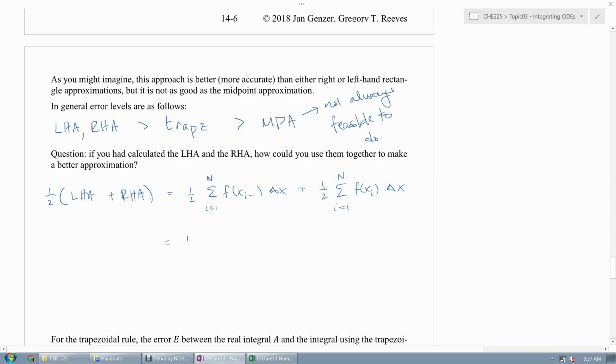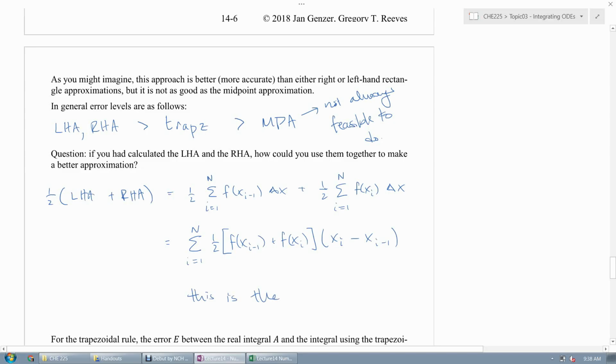We can rewrite this as one big sum, so that's equal to the sum from i equals 1 to n of 1/2 times f of x_{i-1} plus f of x_i, times our delta x. And now I'm just going to write my delta x expanded out, so x_i minus x_{i-1}. And so what we have here is a good average between the two.